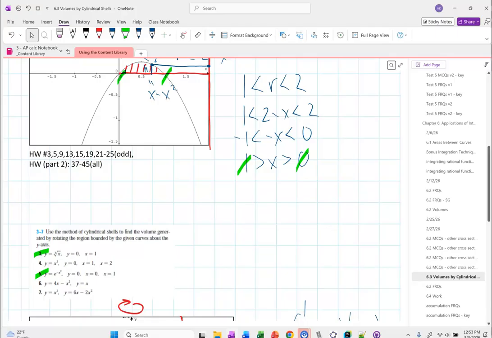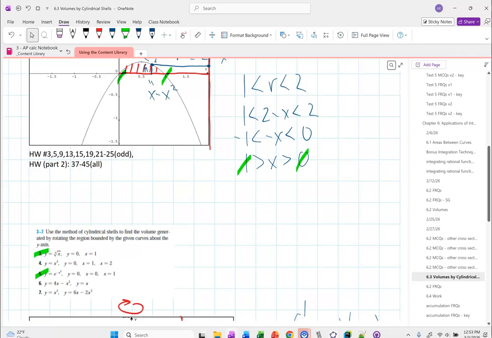We've talked about the things that really indicate a shell versus a disc or a washer. If it's convex, almost always I'm going to do that as a disc problem. I'm not going to bother with the shell. Shell might be equally easy, but the discs are usually never hard.